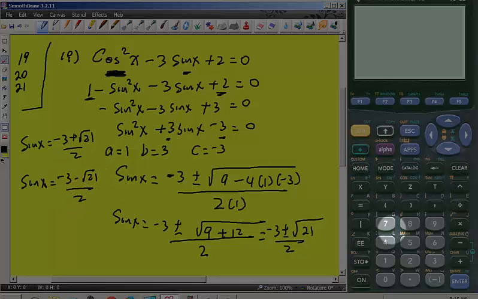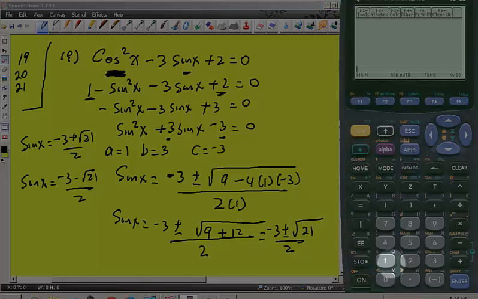You better punch this in your calculator right now while I'm doing it so you can practice also. I'm going to do the first one, which is easy for me. Graphing calculator, negative 3. I can just punch it in, plus, I can go rad of 21, and then hit enter, and I'm going to divide that by 2, hit enter. I get a perfect answer, so I need to approximate that. Oops, go to green, approximate.